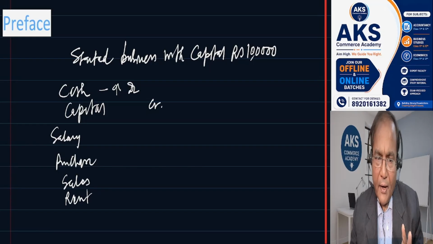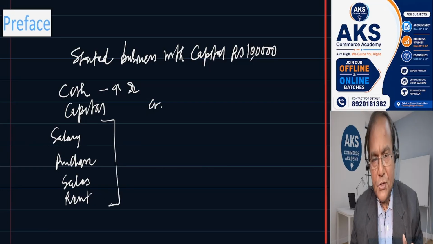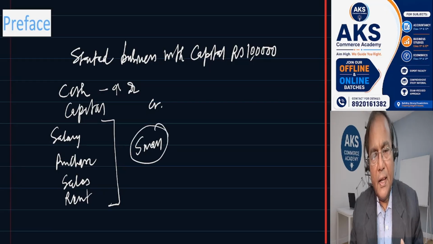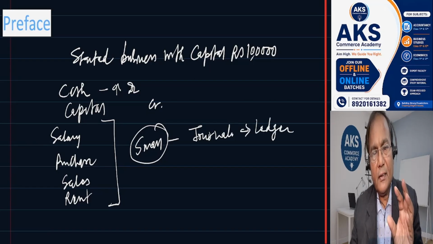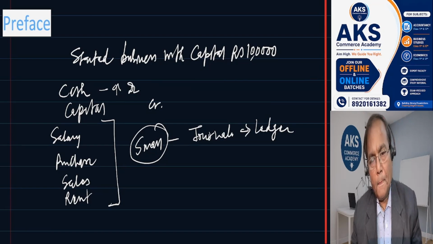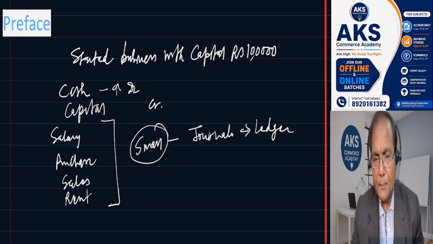If an organization is small in nature, it can manage simply by putting all the transactions through journal entries, and then subsequently posting them to the ledger. I believe you are understanding it, right? So if the firm is small in scale of operation, journal and then ledger can be passed.